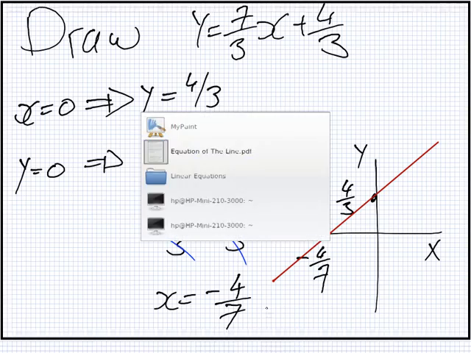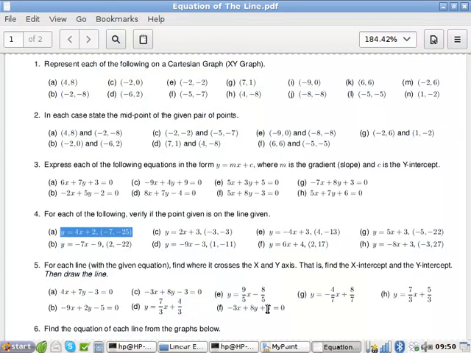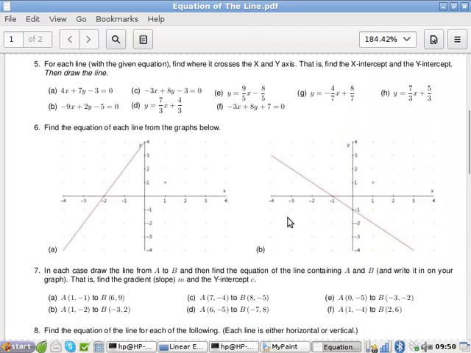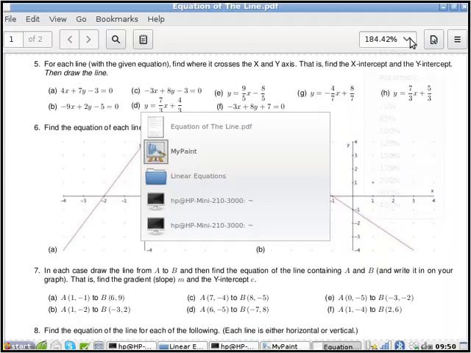Alright, let's see next now. So I'll draw one. The next example is when you want to go backwards. So let me try and draw this beautifully. 1, 2, 3. 1, 2, 3.